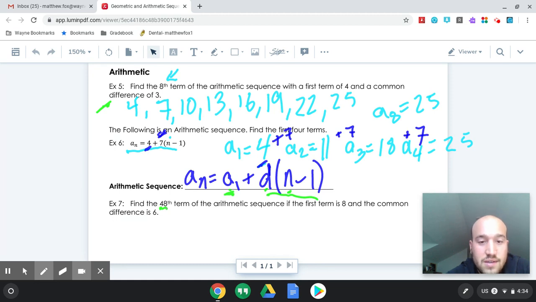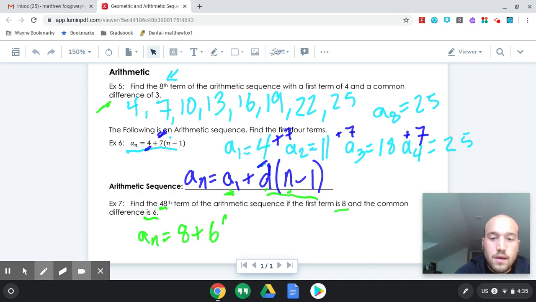So, instead, it tells us the first term is 8 and the common difference is 6. So let's use this generic formula we found and set it up. So a sub n equals, instead of a sub 1, we know the first term is 8, plus the common difference, instead of that d, we're going to put a 6, and then n minus 1 goes in the parentheses.